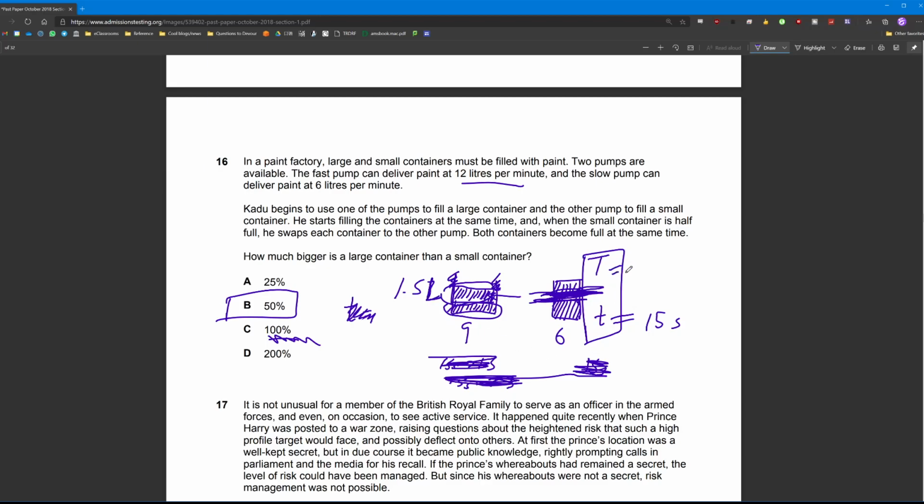And then 30 seconds on the slow pump means 30 seconds on the fast pump for this one. So 30 seconds on the fast pump is 6 liters. Oh, that's right. This is inaccurate. So, in fact, I have proven my own answer wrong, that this should be 7.5 liters.